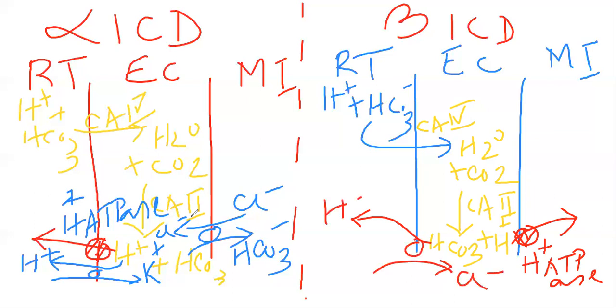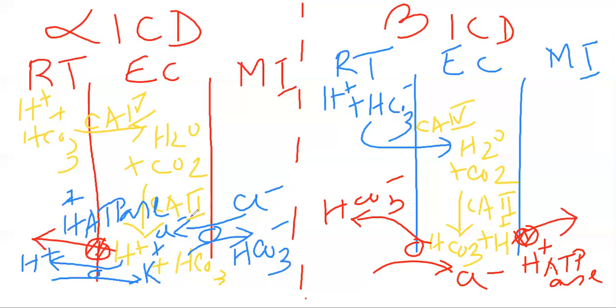So bicarbonate will not be reabsorbed; rather it will be secreted and excreted away by the chloride bicarbonate exchanger pump. During the alkalotic situation under physiological circumstances, this excess bicarbonate load will be secreted so that the body pH will be neutralized again. So these are the two basic functions of the alpha and beta intercalated cells.